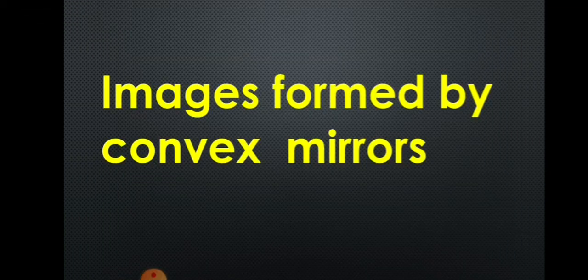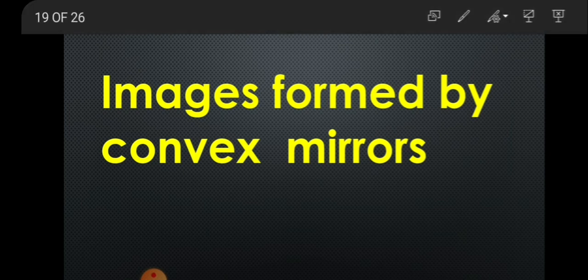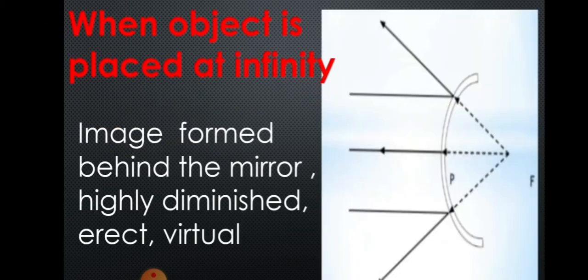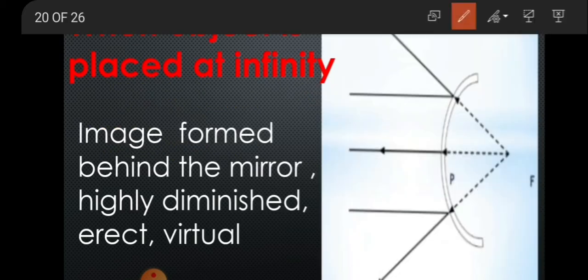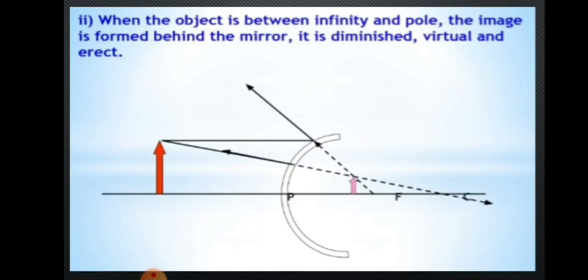These are all the images formed by the concave mirror, and now we can see the images formed by the convex mirror. Next, when the object is placed at infinity, the image is formed behind the mirror at the focus, highly diminished, erect and virtual.